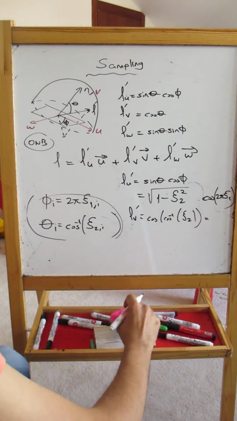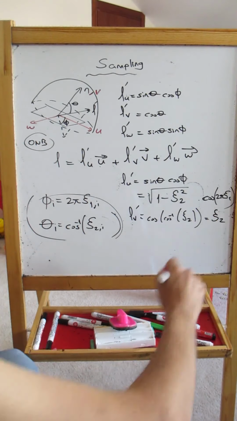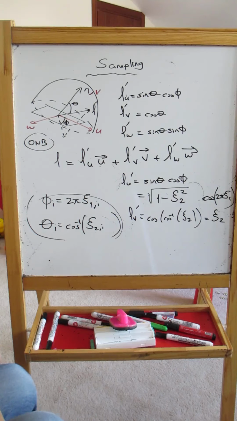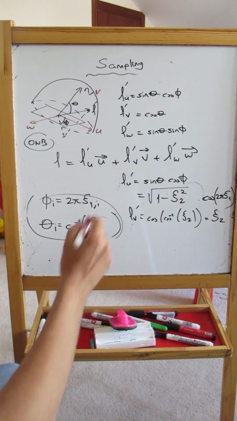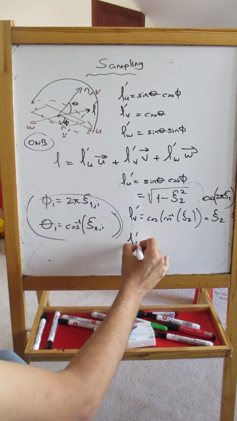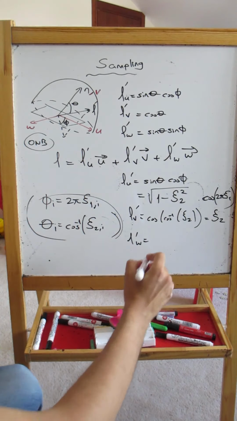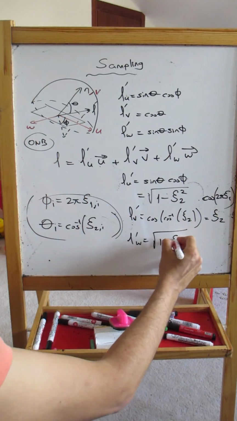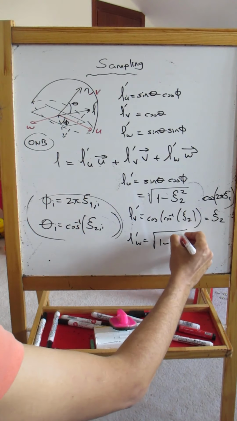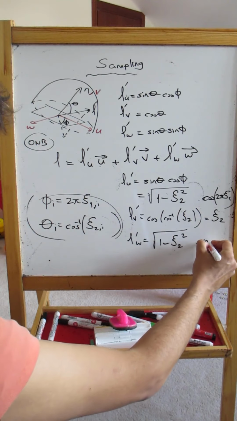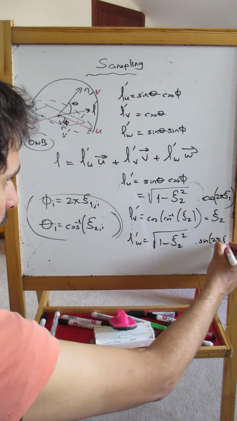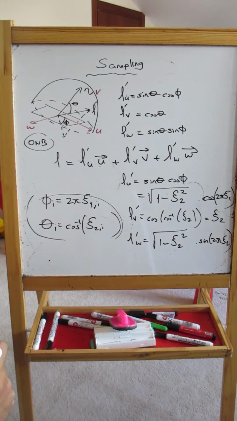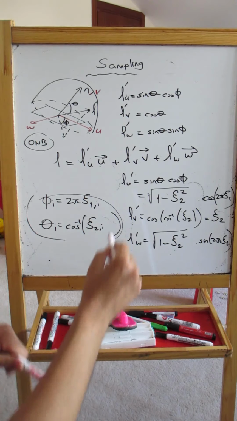And for the w, L prime w is equal to, again, we have sin theta, so the square root of 1 minus psi 2 squared, times this time sin 2 pi psi 1. So this is what we have found.